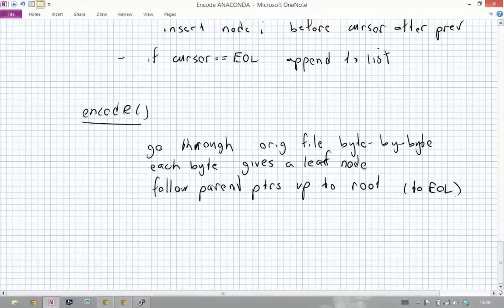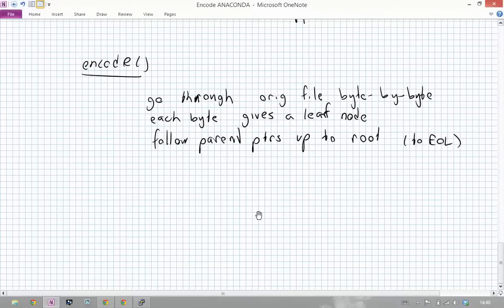And the way it works is I follow the parent pointer, and then you'll compare the index that you came from to the left and the right children behind you.